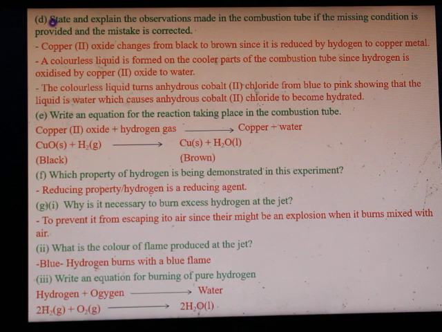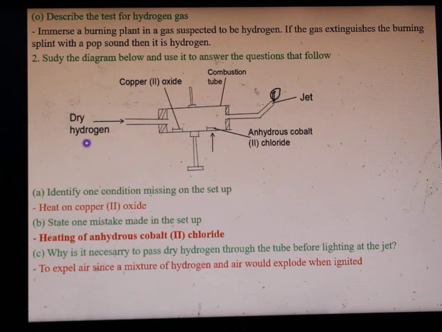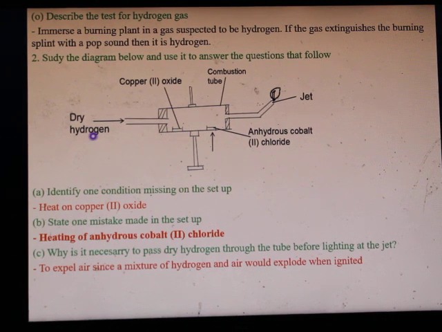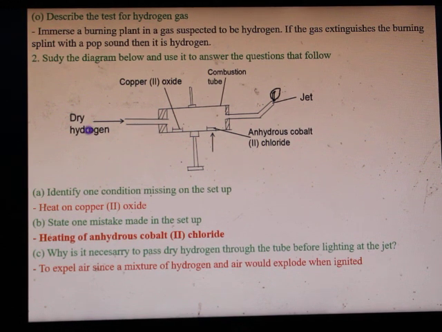Then question D, state and explain the observation made in the combustion tube if the missing condition is provided and the mistake is corrected. So there are a number of observations that are going to be made. Allow me to take you back to the setup. Hydrogen is being passed over a heated copper 2 oxide. Looking at the reactivity series, hydrogen is above copper.